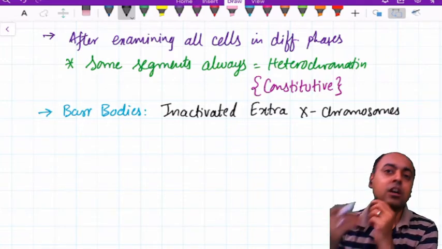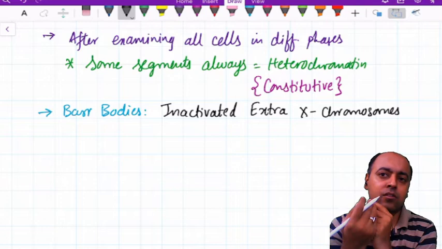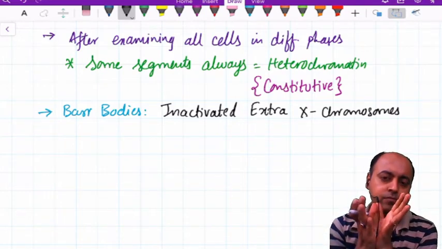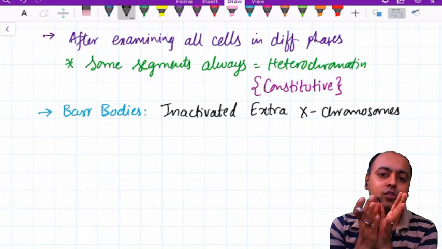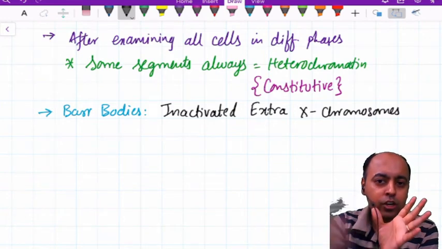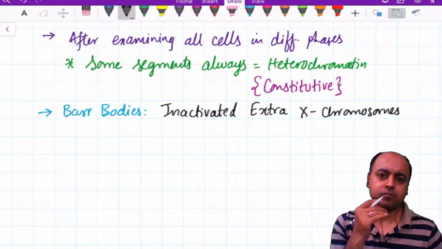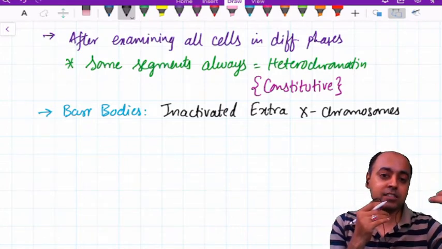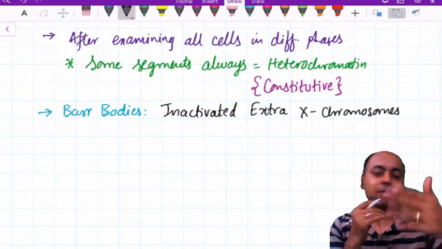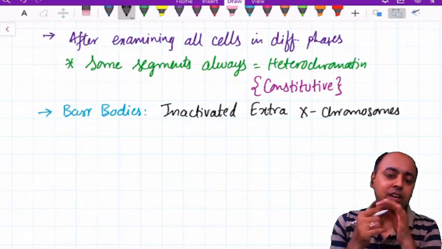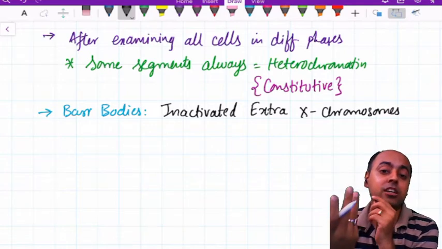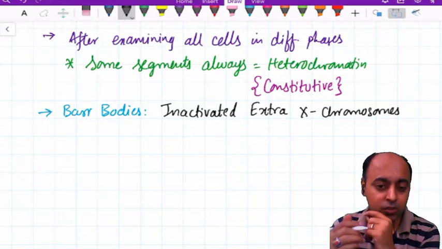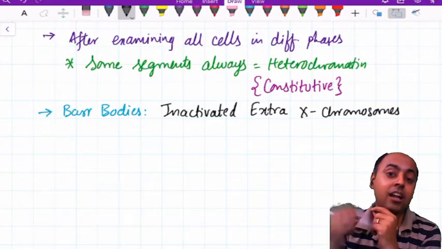Means if you have a female cell, let's say you have the oocyte and it is undergoing meiosis, the two X chromosomes will go into the two different cells. Now, what was a bar body in the 46XX cell, in the meiotic stage where we have the 23X, will become the activated form, it will become transcriptionally active. So bar body is inactivated in presence of another X chromosome.